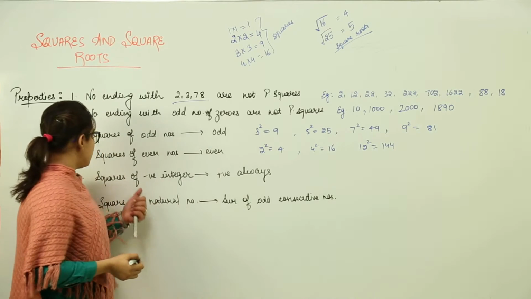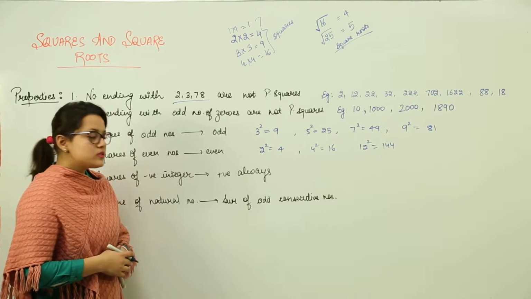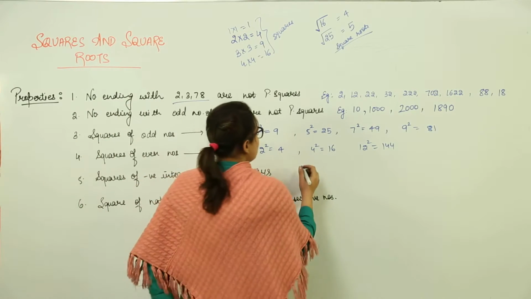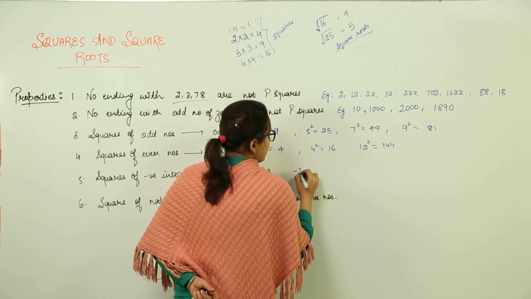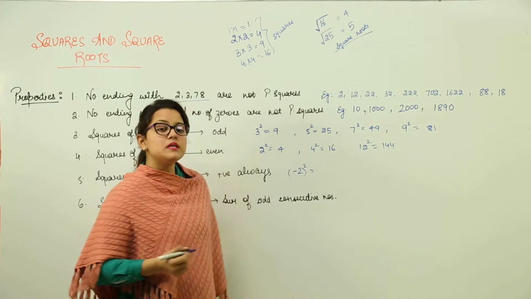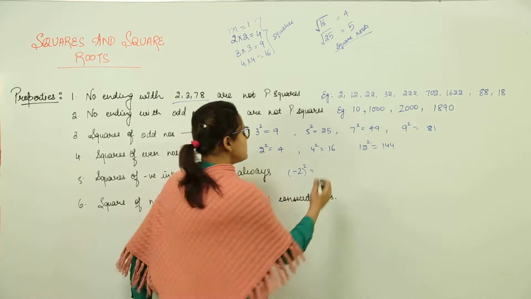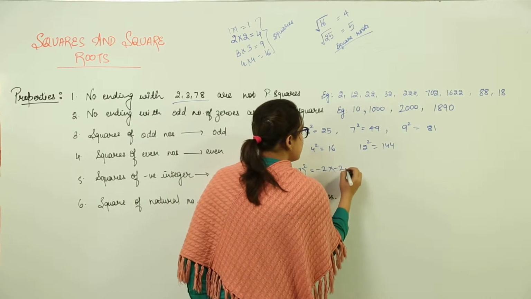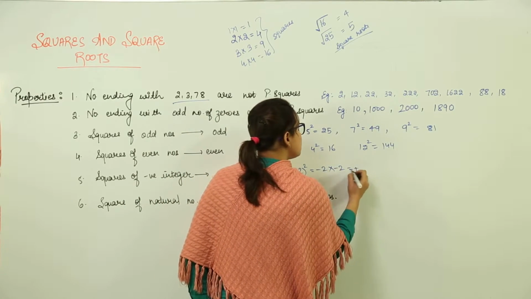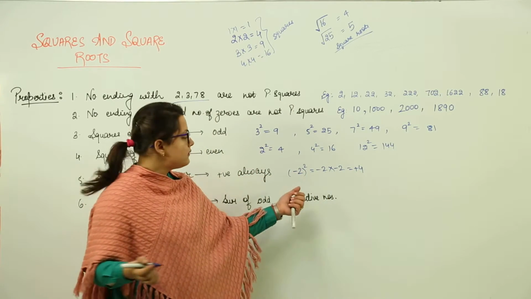Similarly, moving on to the next property, squares of negative integers are positive. Why so? Let us take one example, say -2. If I want to do the square of -2, that means I will be multiplying this -2 2 times. That means I can write it as -2 into -2. What do we get? Minus and minus becomes plus, and plus 2 and 2 becomes 4 only, right?